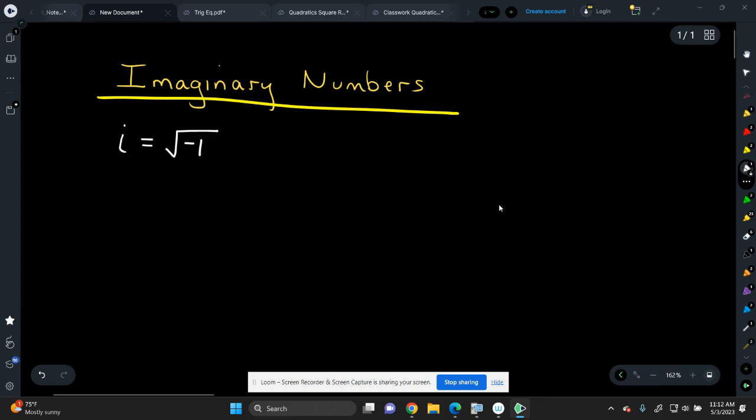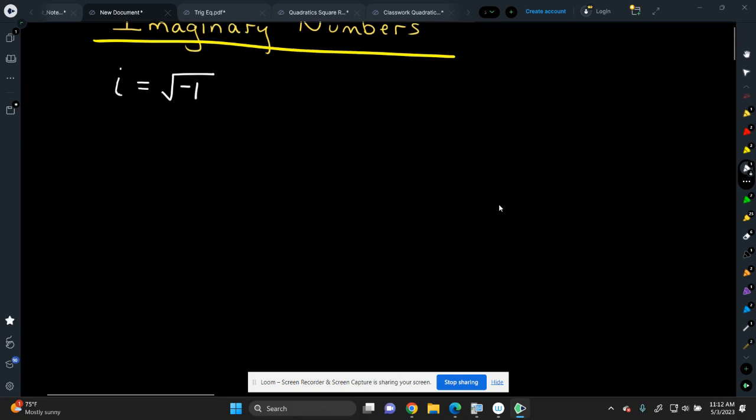Like we have our real number system that consists of whole numbers and integers and rationals and irrationals, right? Those are the real numbers. This is not a real number. This is an imaginary number, okay? It equals the square root of negative 1. So that's why we have imaginary numbers, because we can't take the square root of a negative number in the real number system, okay? So first, we're going to learn some powers of i.